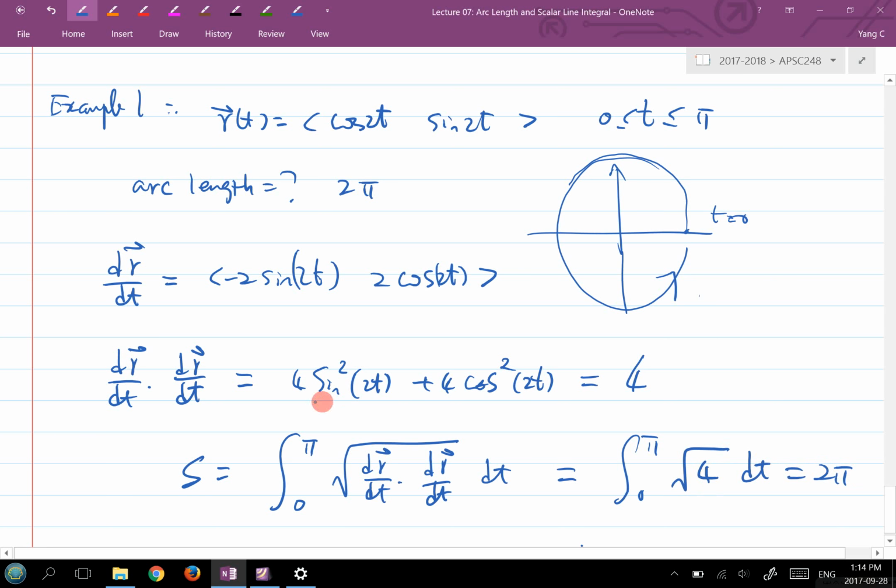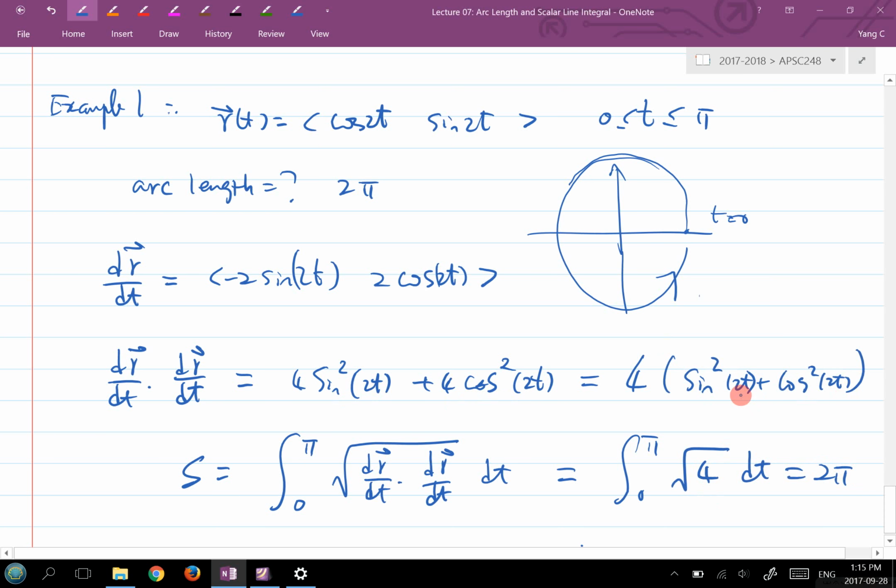Why is this equal to 4? You take out the 4 here, so sine squared 2t plus cosine squared 2t, and this plus this is 1. Trigonometry: sine theta squared plus cosine theta squared equals 1.